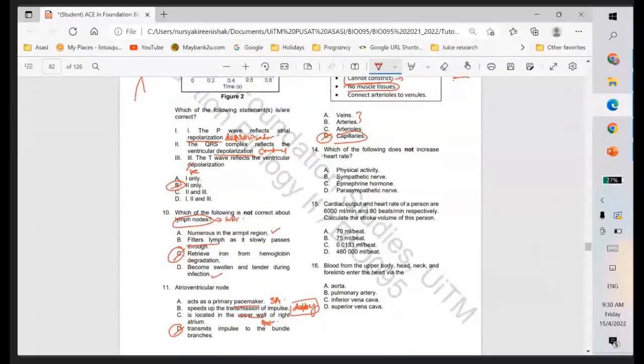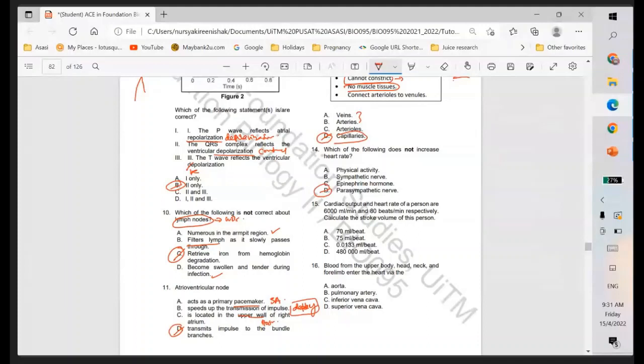For question 14, which of the following does not increase heart rate? The answer is D, parasympathetic nerve, because for A, physical activities increase the amount of blood entering the heart, so the heart rate is increased.